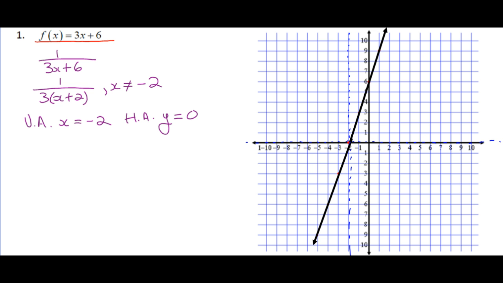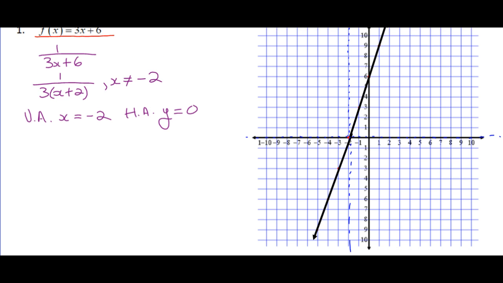So all we have to do is set 3x plus 6 equal to 1 if I want to find the invariant points. So let's note that: the invariant points occur when y equals plus or minus 1.